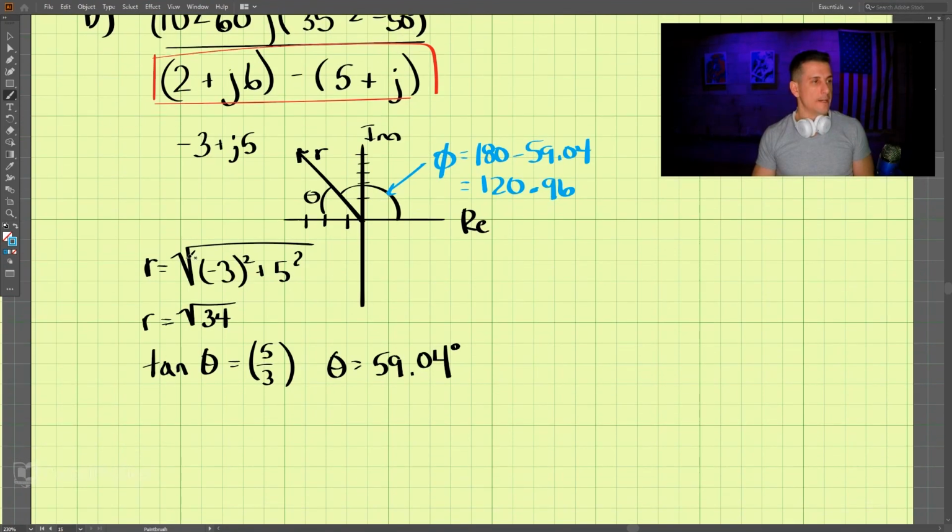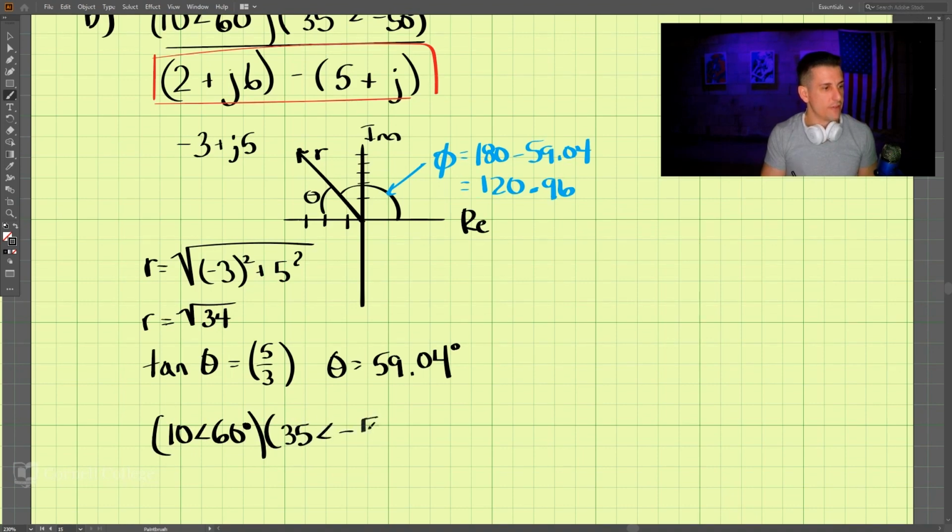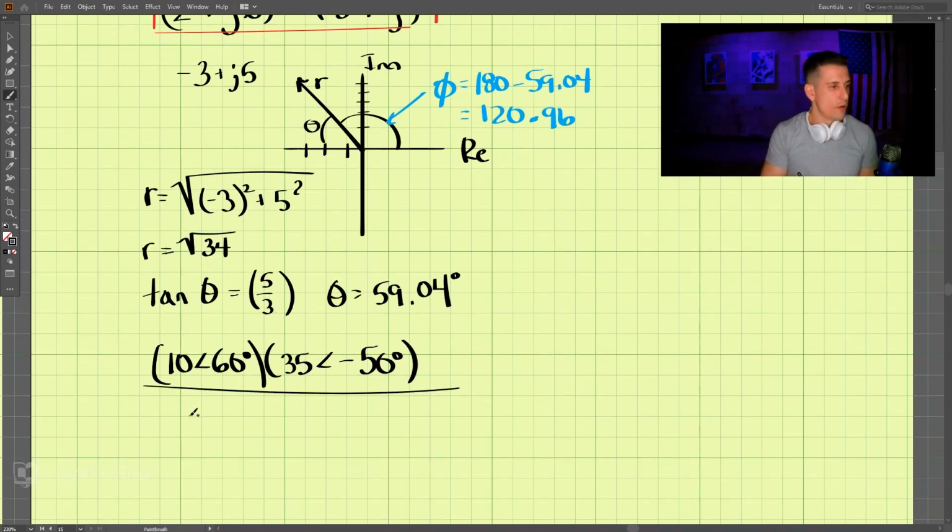So let's now rewrite this equation. So we have, starting at the beginning, 10 at an angle of 60 times 35 at an angle of negative 50 degrees divided by this square root of 34.